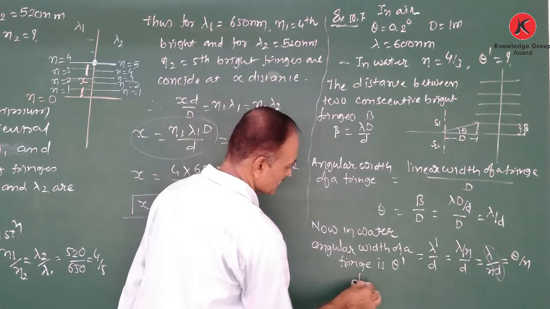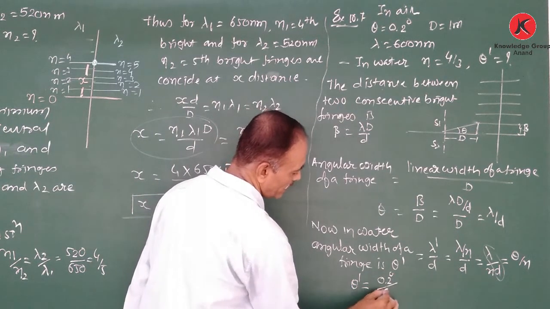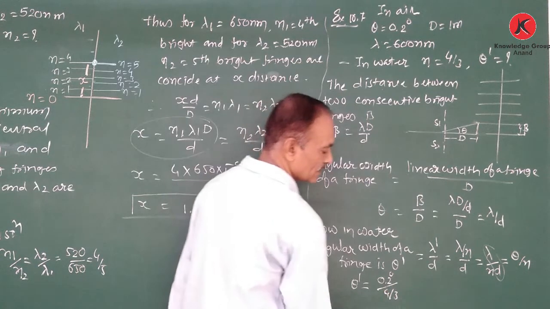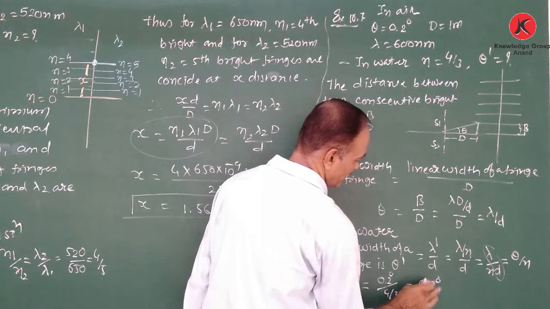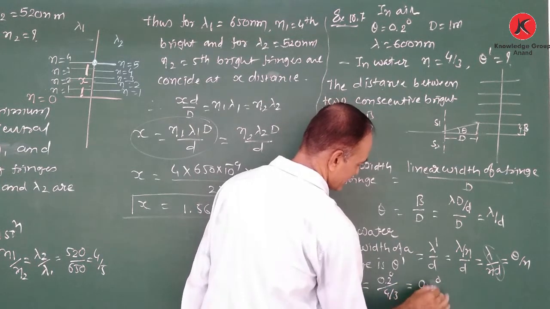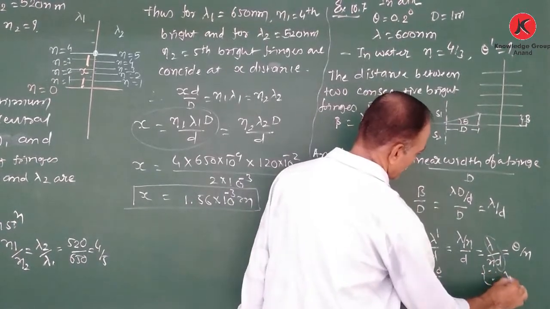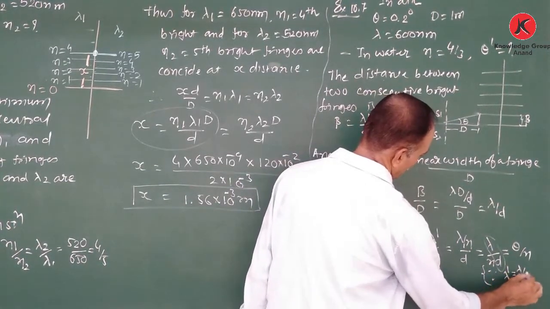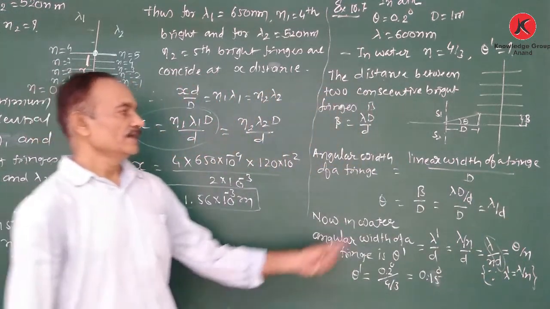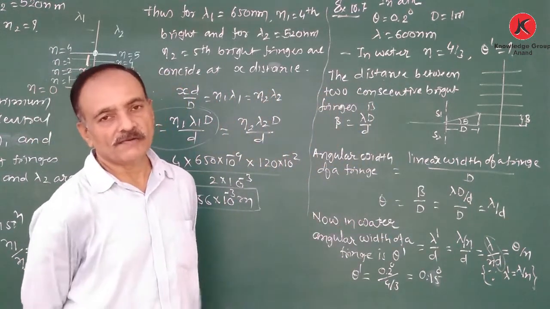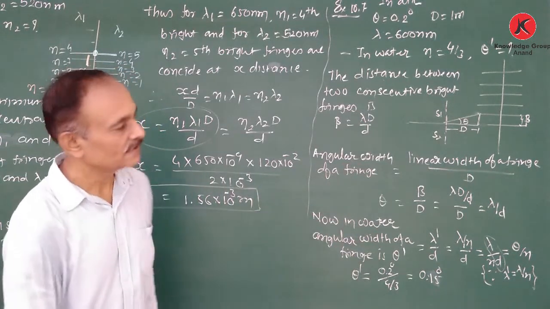Therefore, theta dash is equal to theta, 0.2 degree, upon 4 by 3. So it's equal to 0.15 degree. Here, lambda dash is equal to lambda by n. Only in the first numerical of the exercise, we find out the wavelength. If the medium is changed, then the wavelength is also changed.